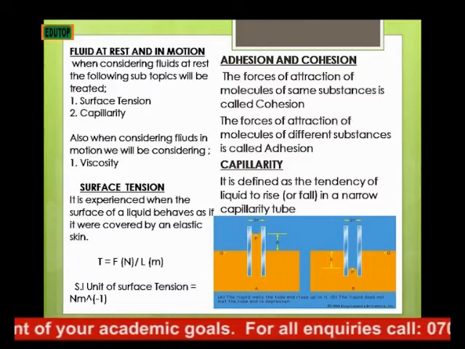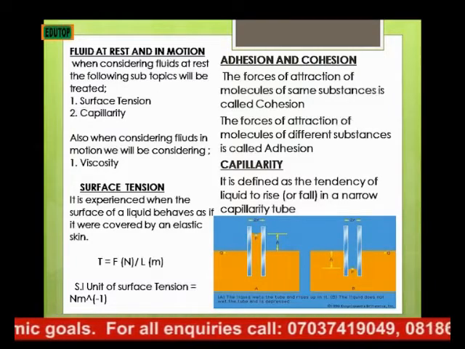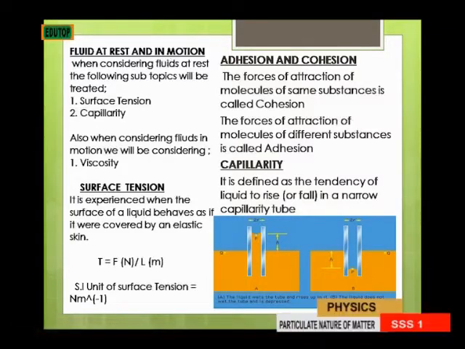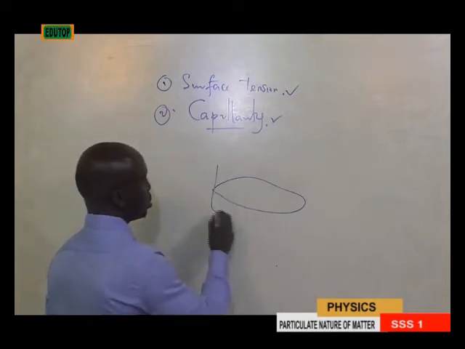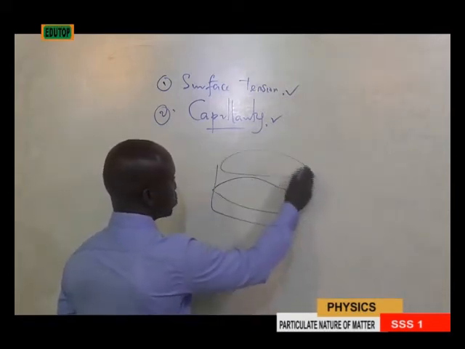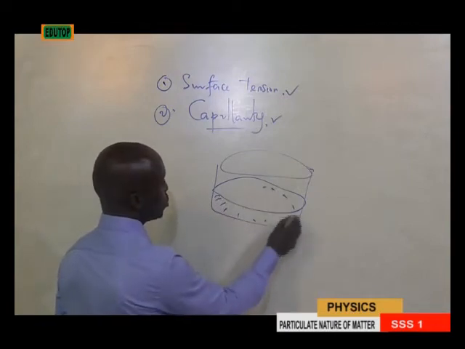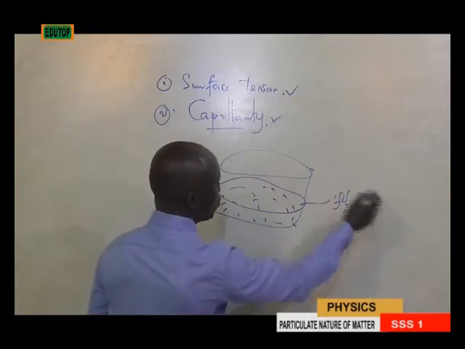Surface tension is experienced when the surface of your fluid or your liquid behaves as if it is covered with an elastic skin. What do you mean by elastic skin? If you look at your bowl, let's say from this region downward it is being filled with fluid.